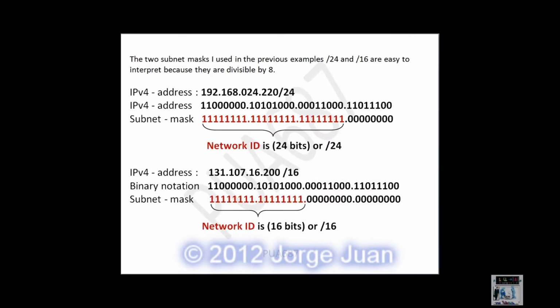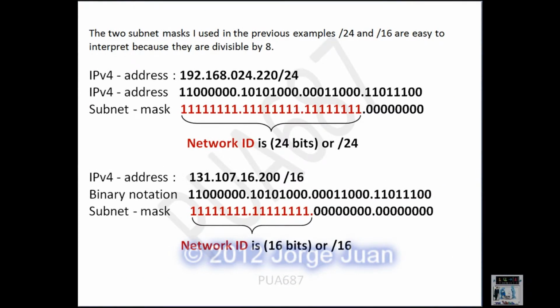Now, the two subnet masks I used in the previous examples, one of /24 and the other one of /16, are relatively easy to interpret because they are divisible by 8. As we can see in this example, it's a /24, so we are using for the network ID the first 3 octets, and in the other example it's a /16, and so we are using the first 2 octets.